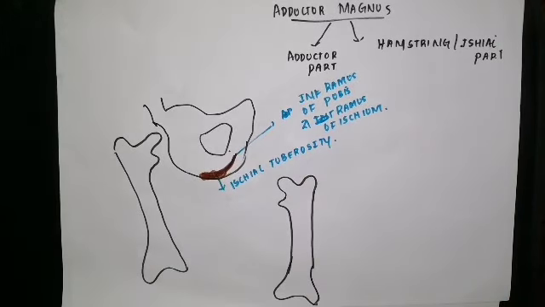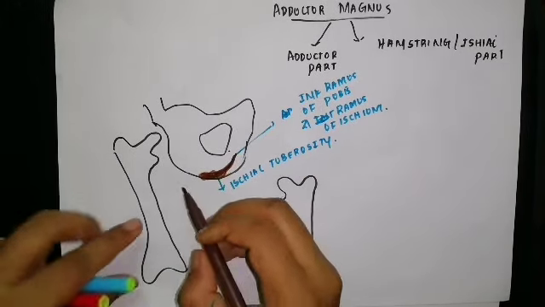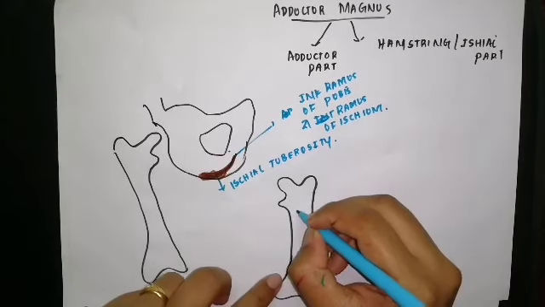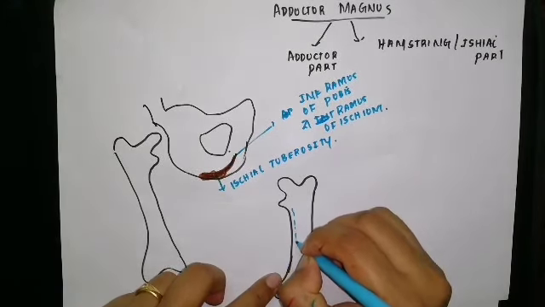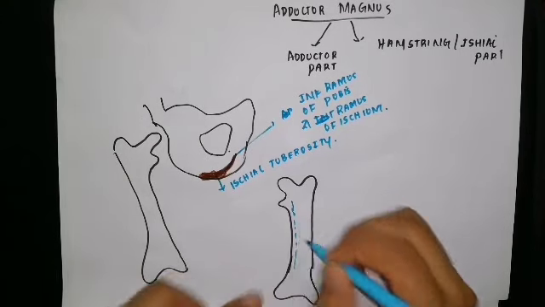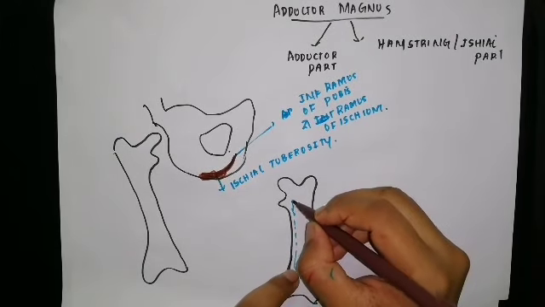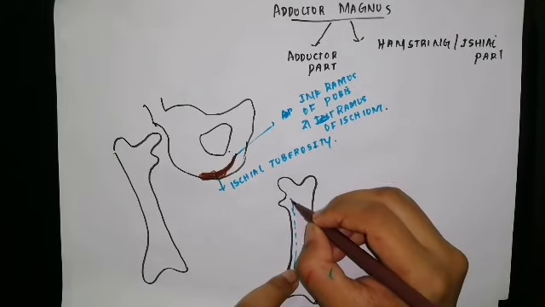Now this muscle passes like this, posteriorly. Now the adductor part gets attached to the medial lip of the gluteal tuberosity.